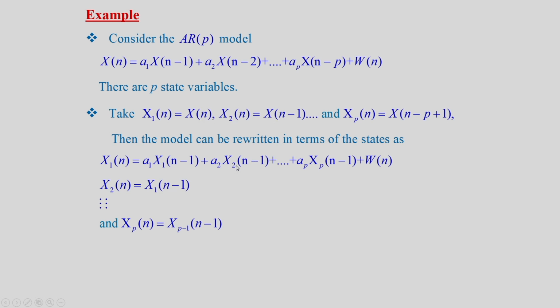So, that way this will be x2[n-1]. Similarly, the last term we can write as ap into xp[n-1] plus this w[n]. So, this way the first state equation can be written in terms of other states like this, and here we see that all are first order difference.